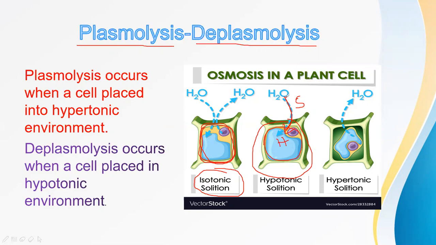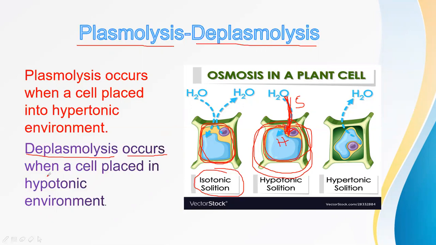Because we are still talking about osmosis, due to osmosis the water tries to enter the cell. Slowly the water will enter the cell and the cell will swell, and finally the cell will explode or the cell wall will get damaged. This process we call deplasmolysis.